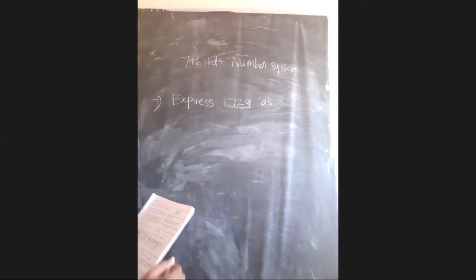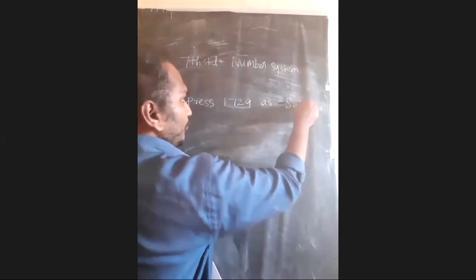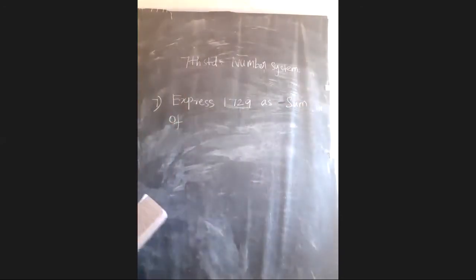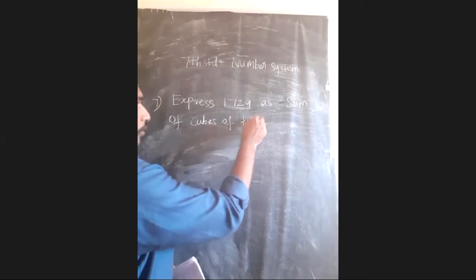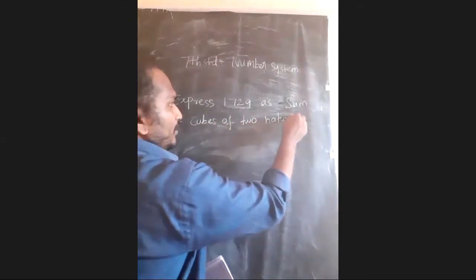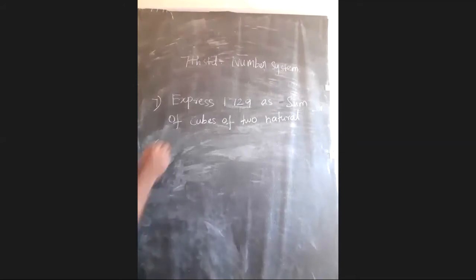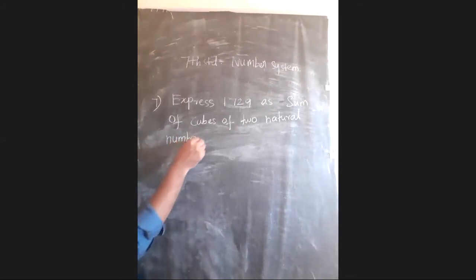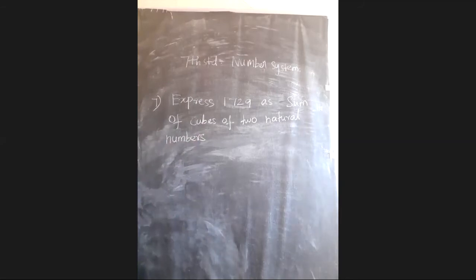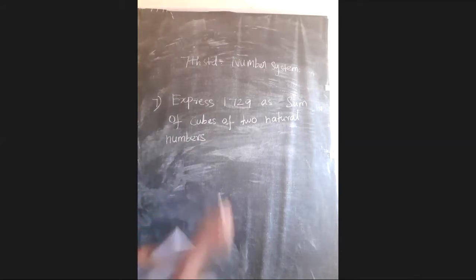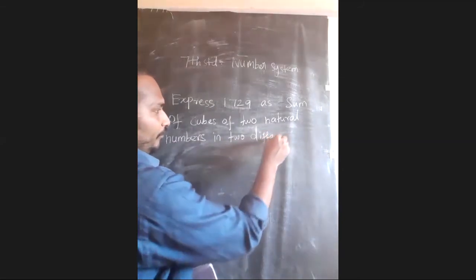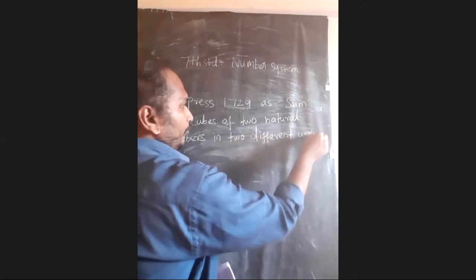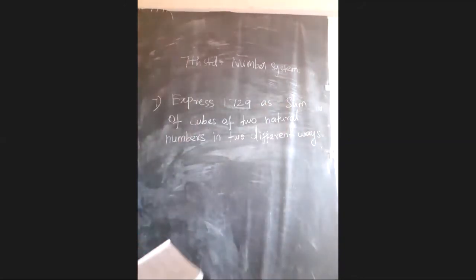Express 1729 as the sum of cubes of two natural numbers in two different ways.